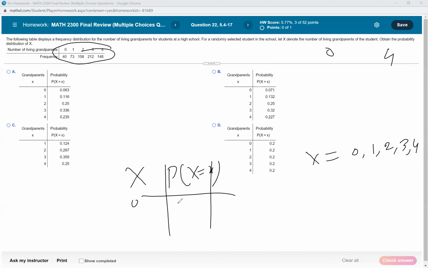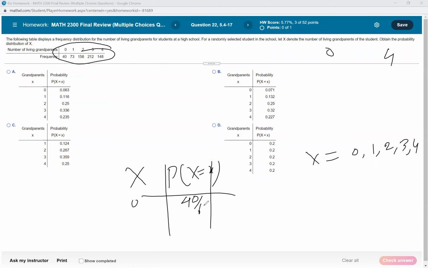So when X is 0, the frequency is 40. So it will be 40 divided by the total. The total number is 40 plus 73 plus 158 plus 212 plus 148. If you add them together, it will be 631.